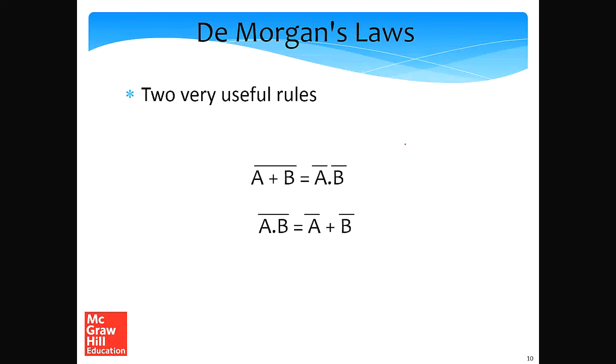So let's verify this. Let's see if this De Morgan's rule is actually correct or not. So let's have A or B complement and A complement and B complement.